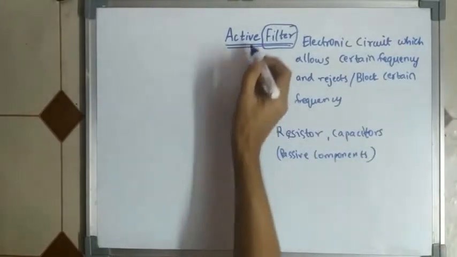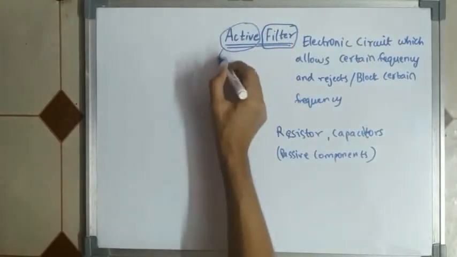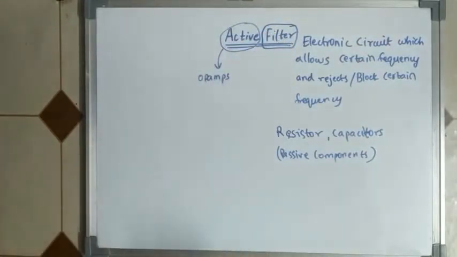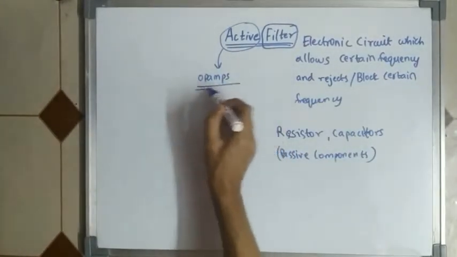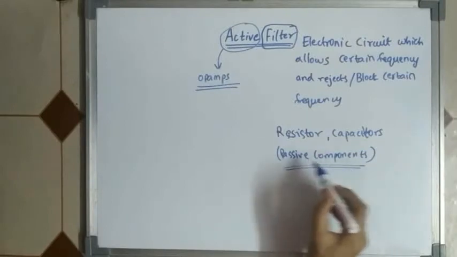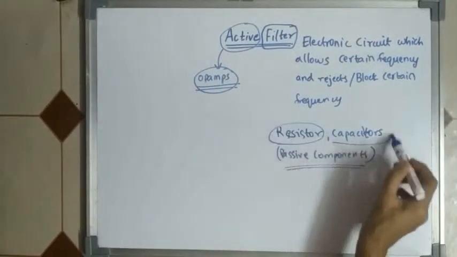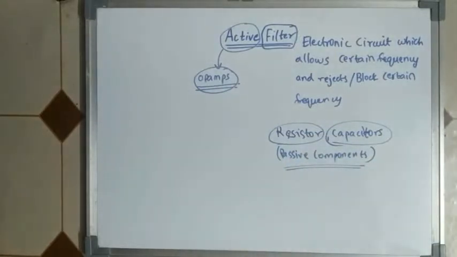So what is active? Active means we require certain active components like op-amps. So it is a combination of active and passive components. Active components means op-amp and passive components means resistor and capacitor. We will design some active filters.